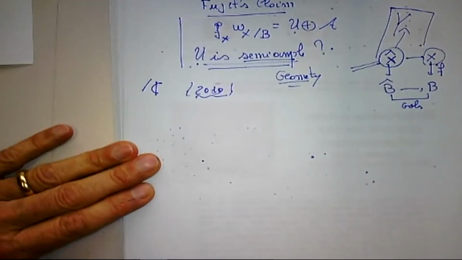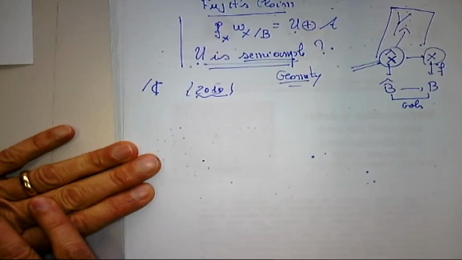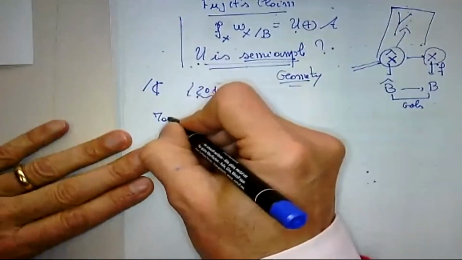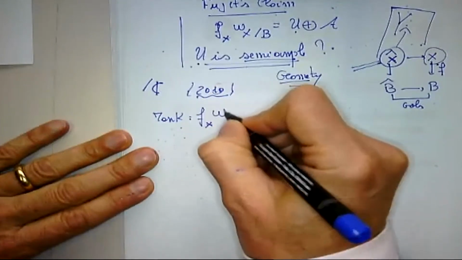Sorry, I still have a question. On the previous page, you wrote rank equals the arithmetic genus of the fiber. Rank of which bundle? The rank of F lower star, this one.